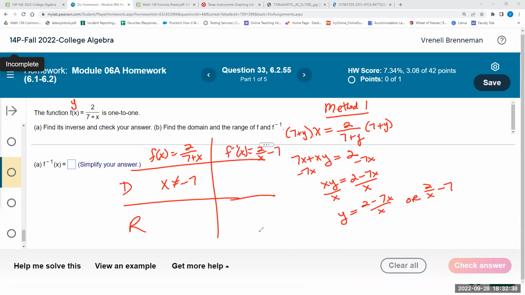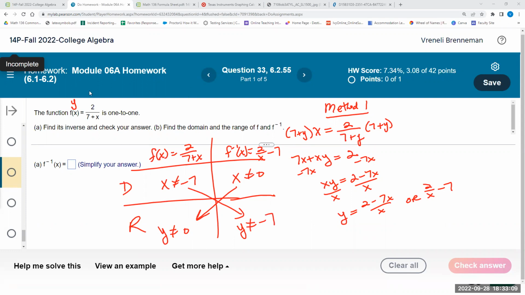For f inverse, x can't equal 0 because we have the denominator of just x. For the ranges, we just switch them. So we switch x to y. The range of f is y can't equal 0, and the range of f inverse is y can't equal -7.